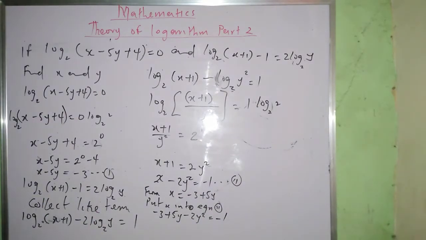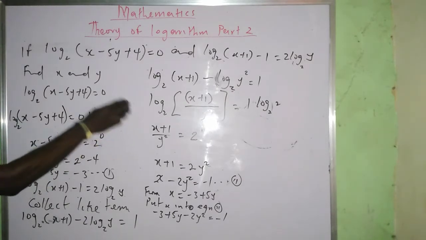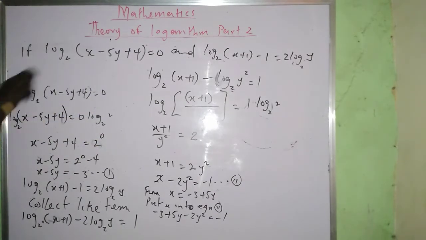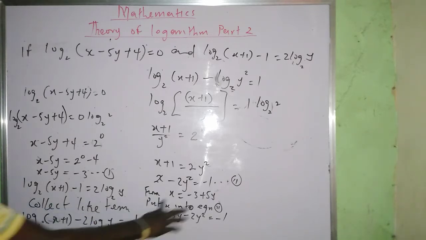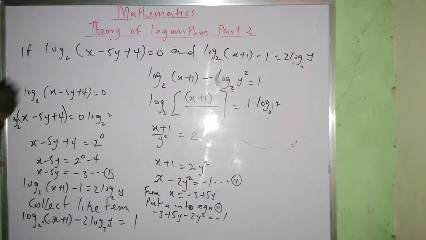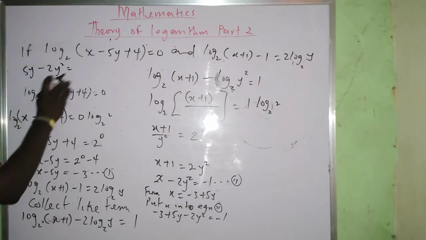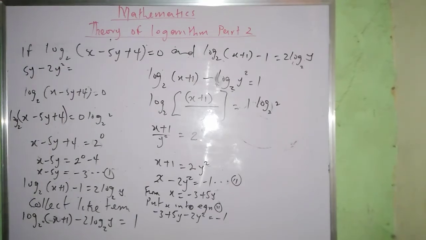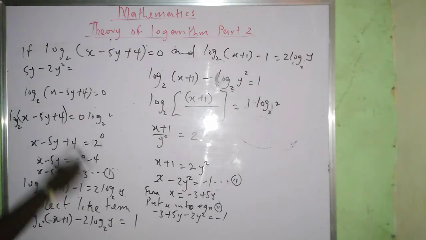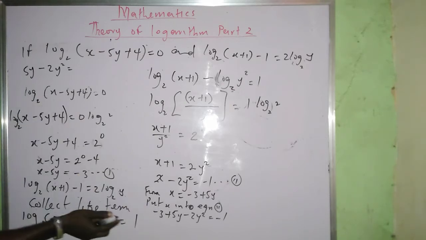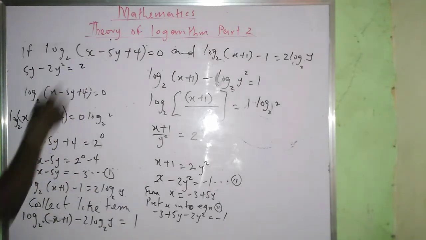Let me rub this part. Which I can say that 3 and which is going to be 4. I have 5y minus 2y squared equals 4 minus 3, equals 2.